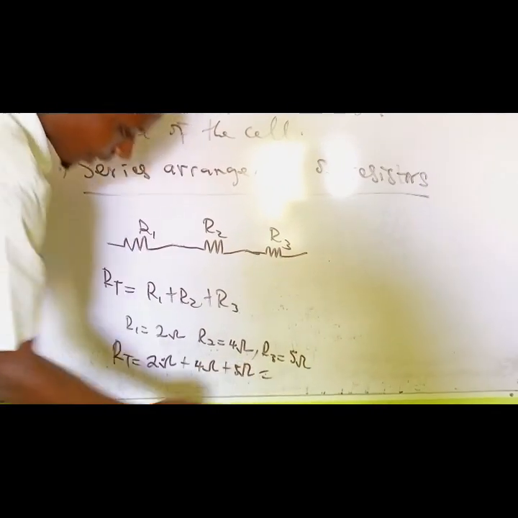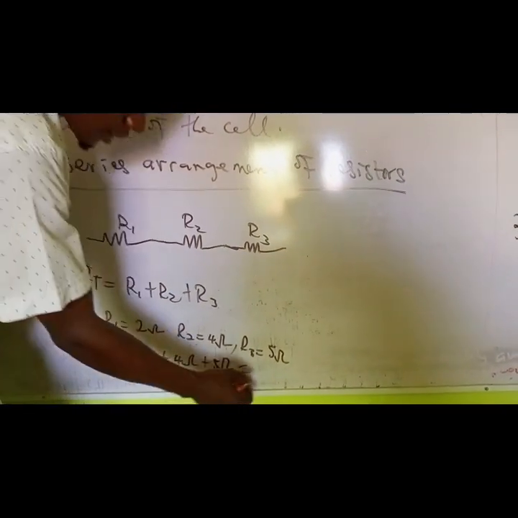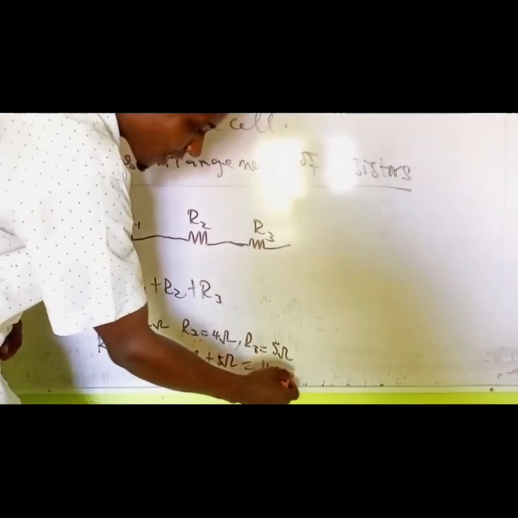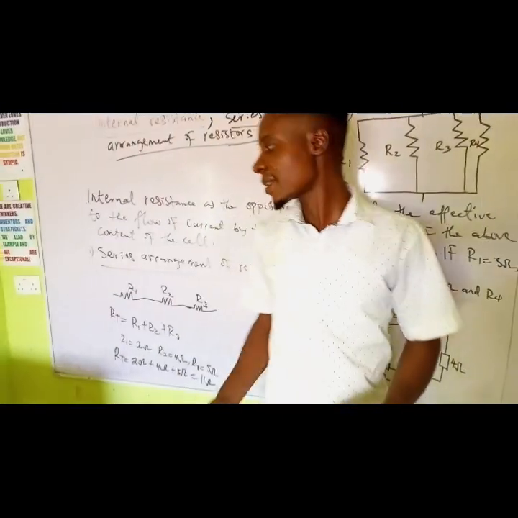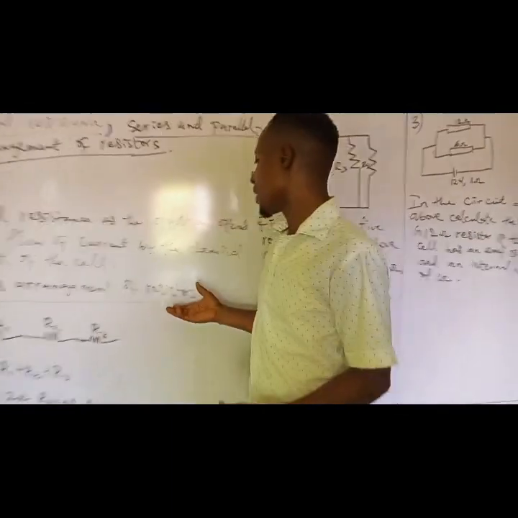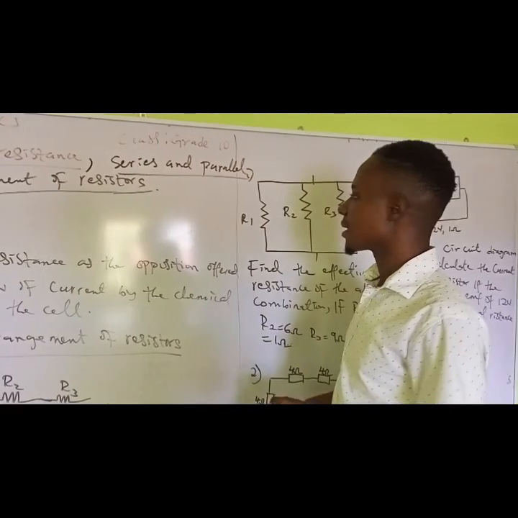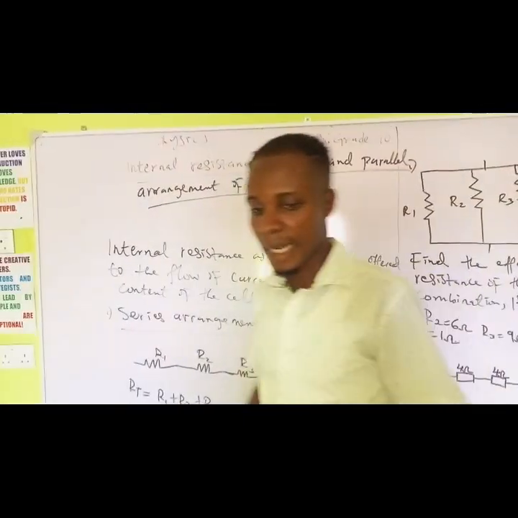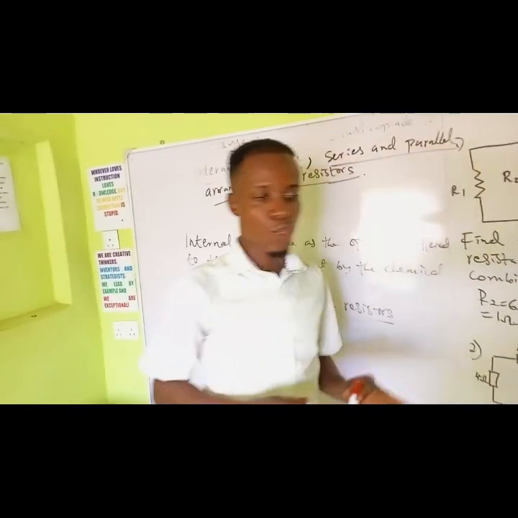And when you do that, it will sum up to 2 plus 4 is 6, and 6 plus 5 is what? 11 ohm. So this is the ideal way to solve your problem as regards the arrangement of resistors in series.